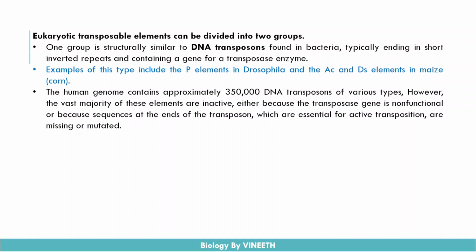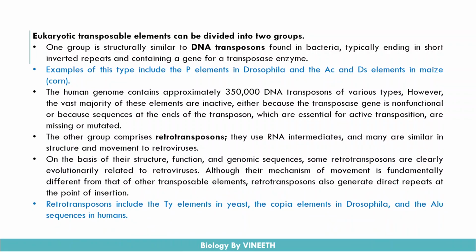Then we have the retrotransposons, which use an RNA intermediate for their transposition activities. First they undergo transcription and produce an RNA molecule. This RNA molecule is converted into a DNA molecule, or an RNA-DNA hybrid, by the reverse transcriptase enzyme.